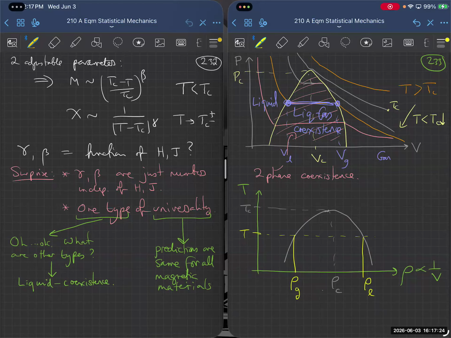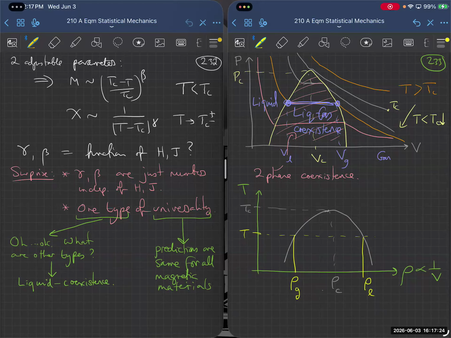And if I were to ask you the following question, what is the shape of this curve of rho L minus rho G? That is a quantity, we'll call that delta rho. So delta rho is a function of T. And you might ask, what is that shape?